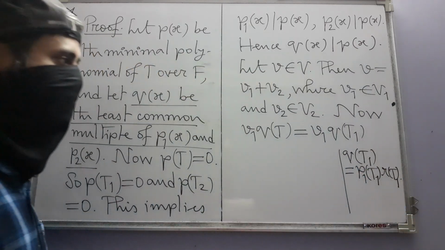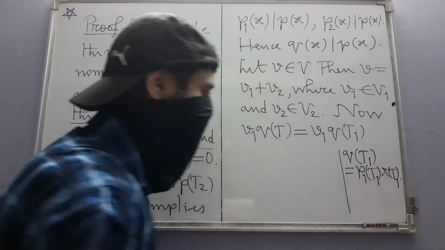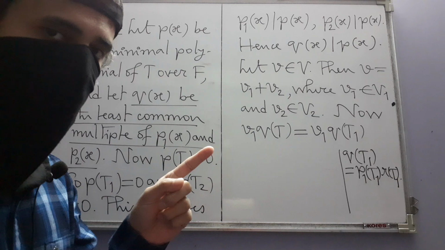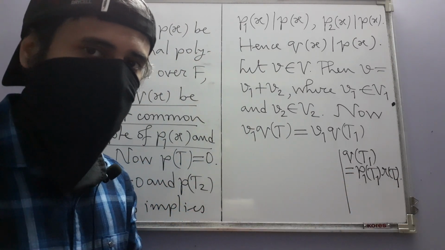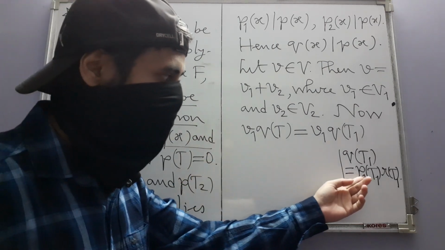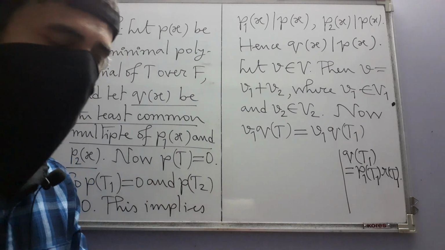Why am I again writing T? t1. What is p1 of t1? You see, p1 is the minimal polynomial for t1, so it's also an annihilating polynomial for t1. It will annihilate t1 means if you evaluate p1 at t1, you are going to get the zero operator on V1.